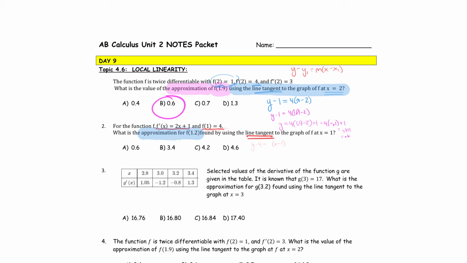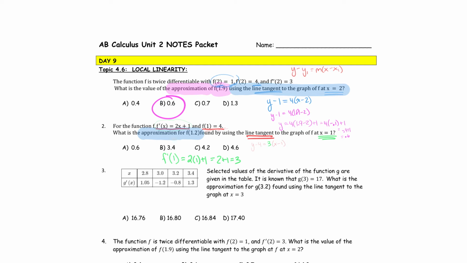So the slope at x equals 1, we're going to need to use our derivative equation, which they gave us here. And what we want is f prime of 1, because we're, again, using the line tangent at x equals 1. So I'm going to plug in 1. We get 2 plus 1 equals 3. So our slope here is 3.